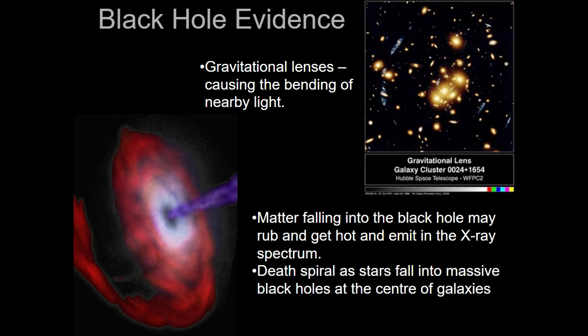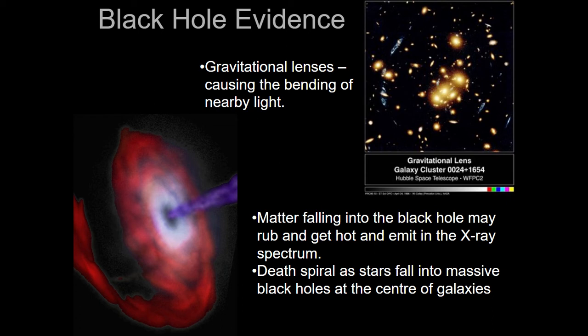We can also see matter falling into the black hole that may rub and get really hot and often emit in the X-ray spectrum. And we can follow the death spiral of stars as they fall into massive black holes at the center of galaxies.